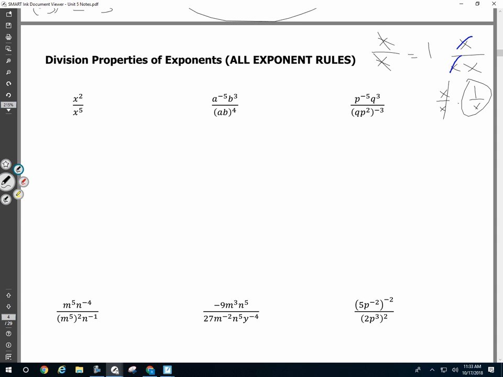I'm left with that. So if I have x squared over x to the 5th, and I'm not sure of the rule, I think it has something to do with subtraction. I can write out x times x over x 5 times.